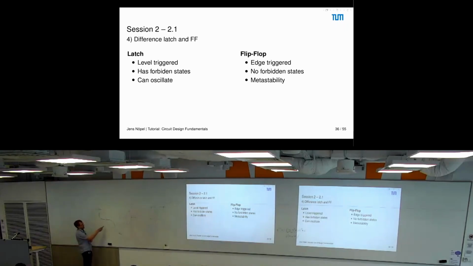But if we end up at this point, it is very comparable to being on top of a hill. You could compare a metastable state to a hill. If we happen to sample exactly at this point in the middle, then you end up here, and as long as nothing disturbs this, you just stay there.